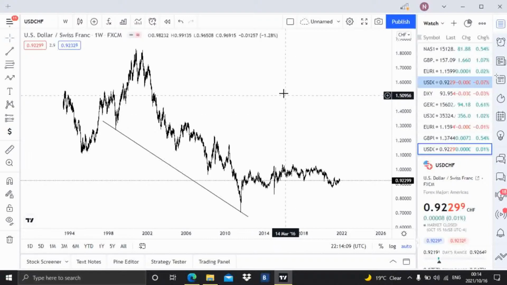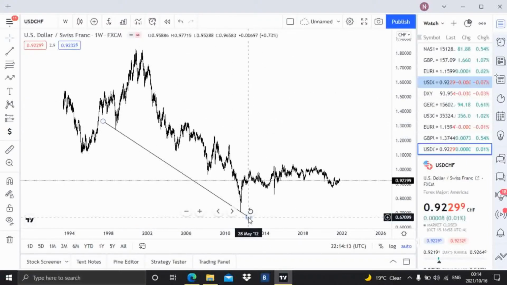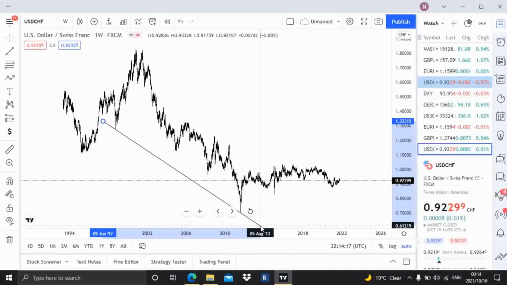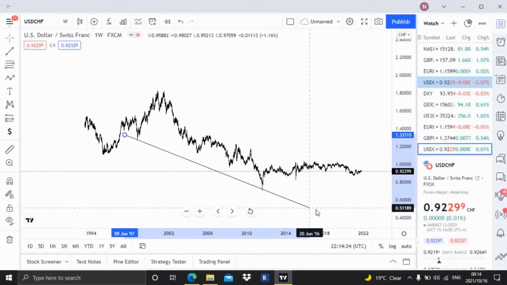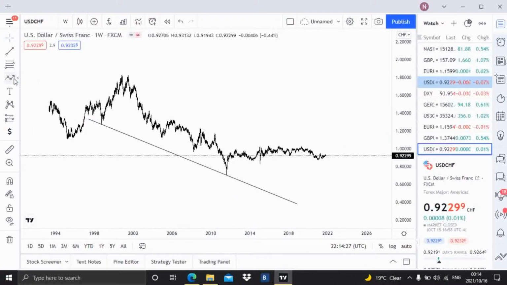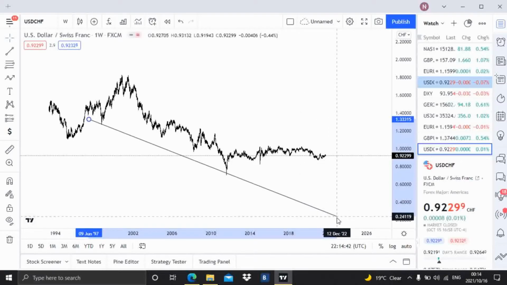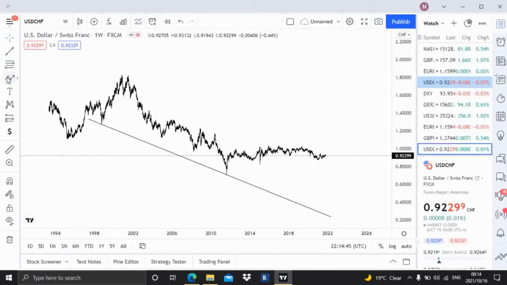So guys, the trendline strategy is that when you have 2 or more lows like this, if the market comes back to this trend line here, we're expecting a buy.